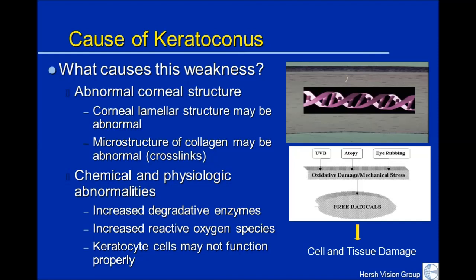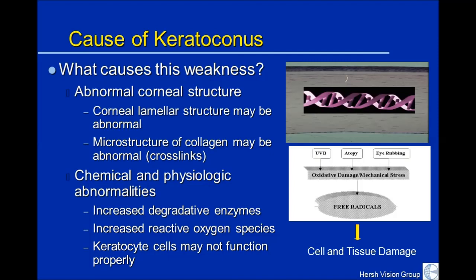What causes this weakness? We really don't know, but there's a lot of research being done into the cause of KC and the physiologic abnormalities in the cornea that cause the problem. First is likely a generalized abnormal corneal structure. The pancake lamellar architecture that we normally see may be abnormal and distorted.